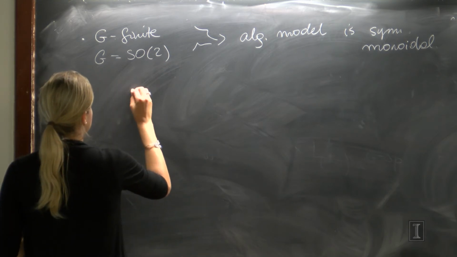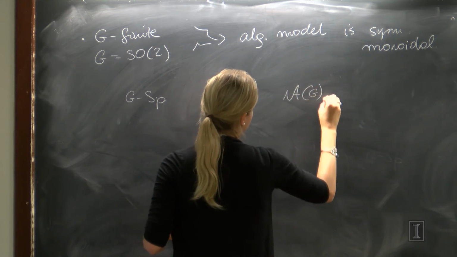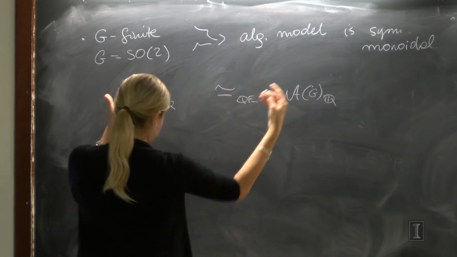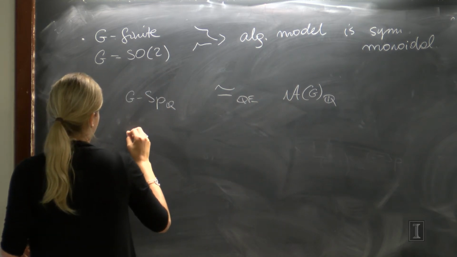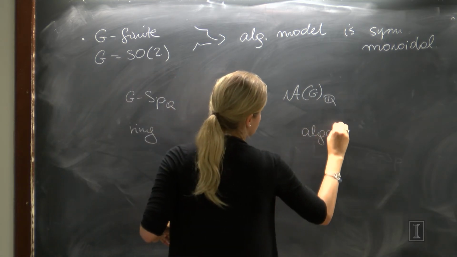So what would that mean? That means that if I have G-spectra, and here I have the algebraic model, I have a Quillen equivalence, which extends to a Quillen equivalence for ring spectra and algebras.